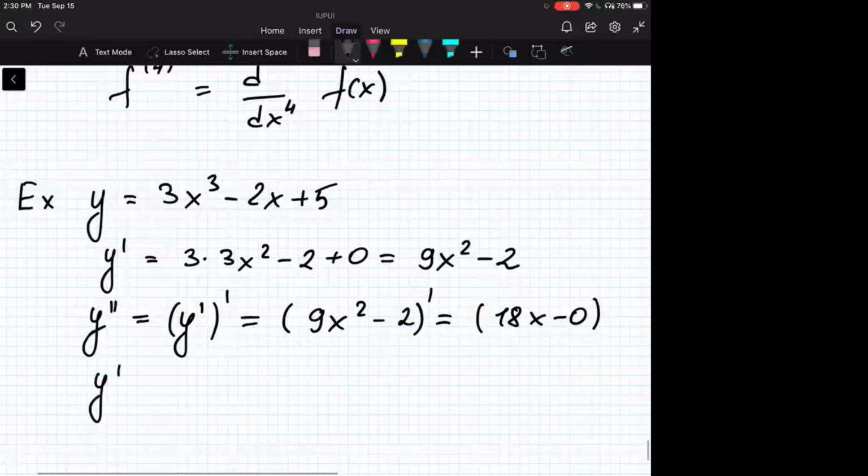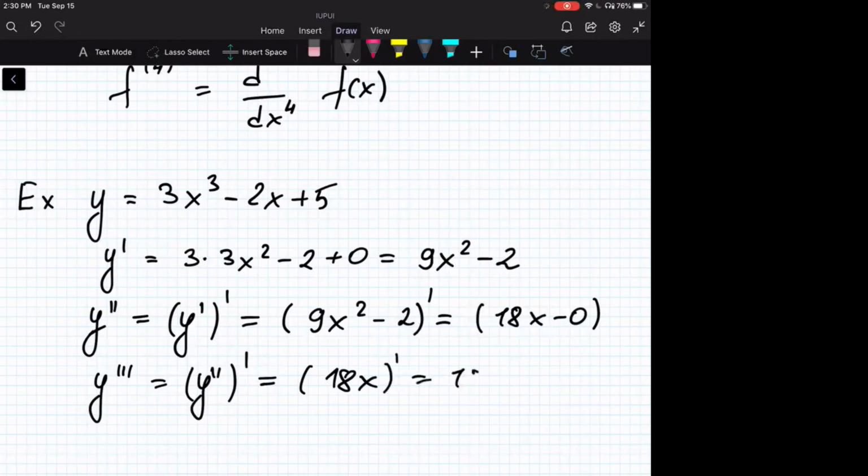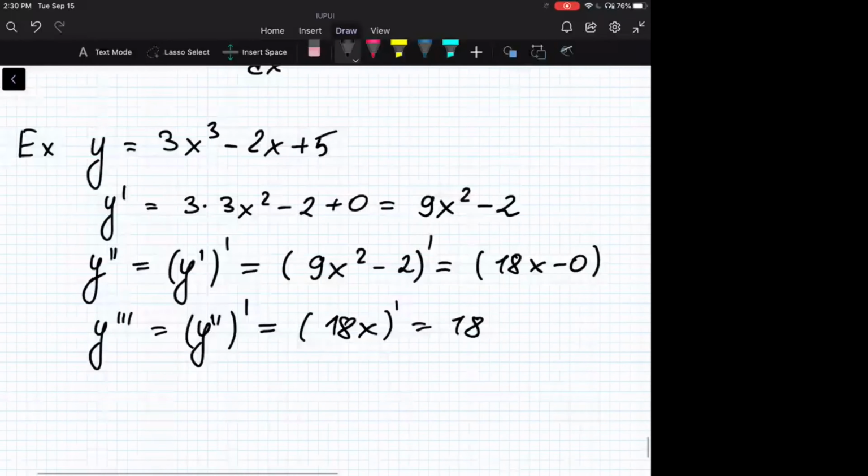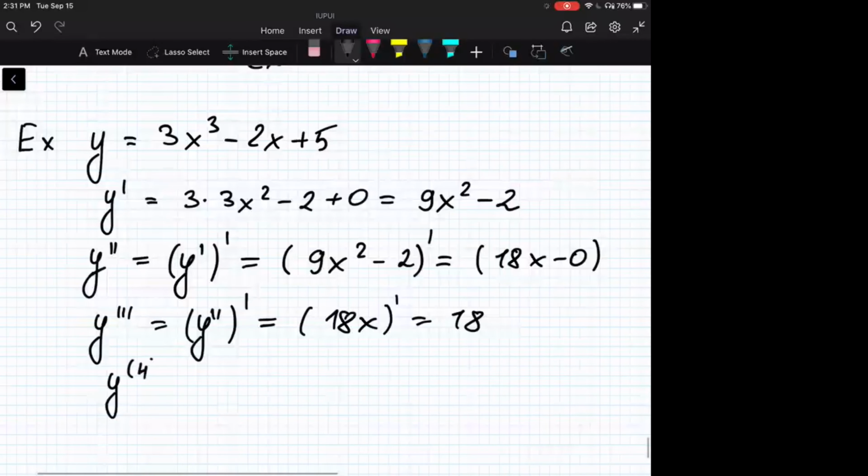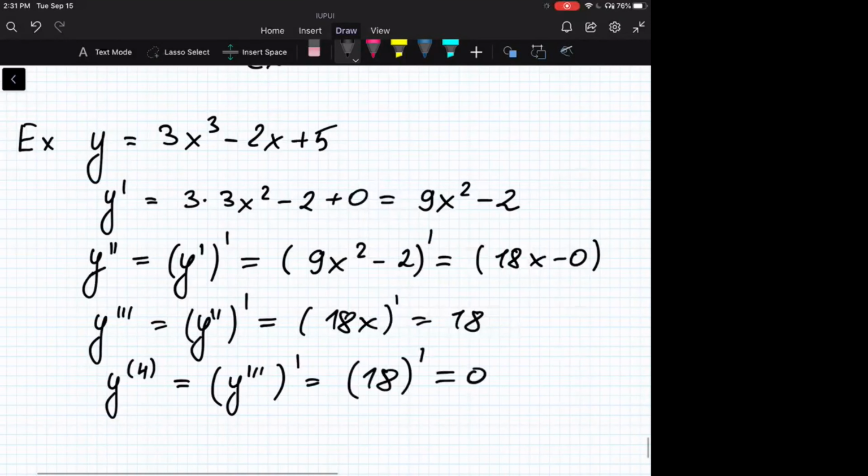And the third derivative will be the derivative of the second one. And it will be the derivative of 18x, and that will be 18. The fourth derivative is the derivative of the third one. So it's the derivative of 18, which is 0. And then if you continue differentiating, of course, you differentiate 0 and get 0.